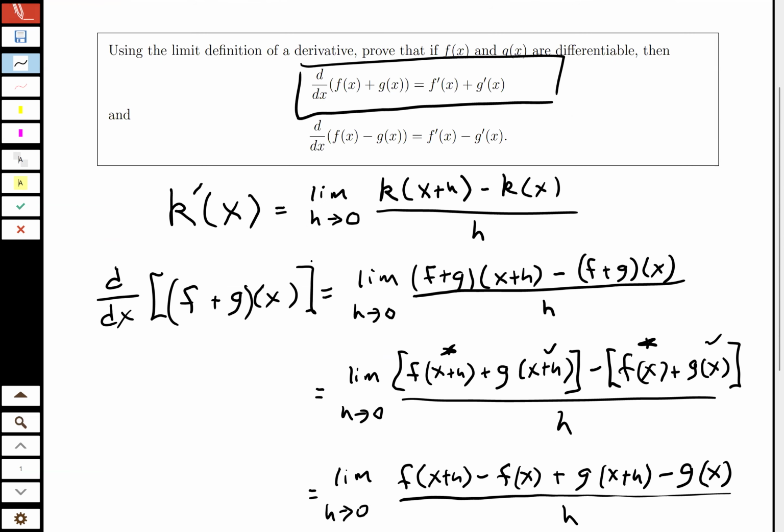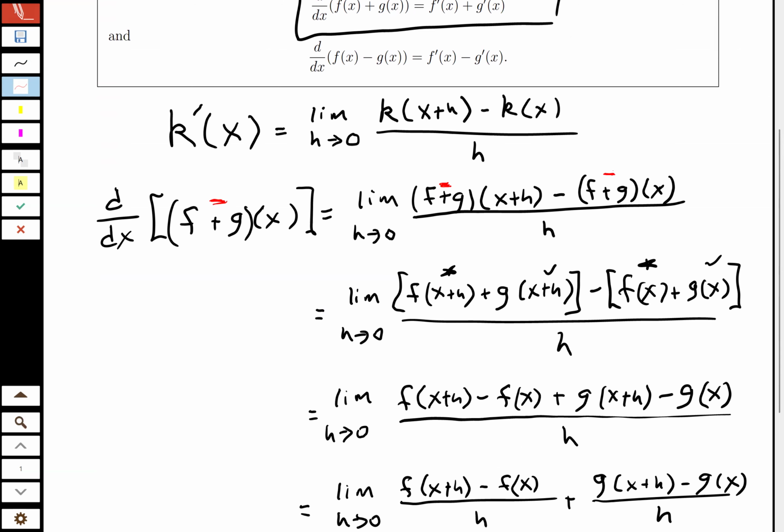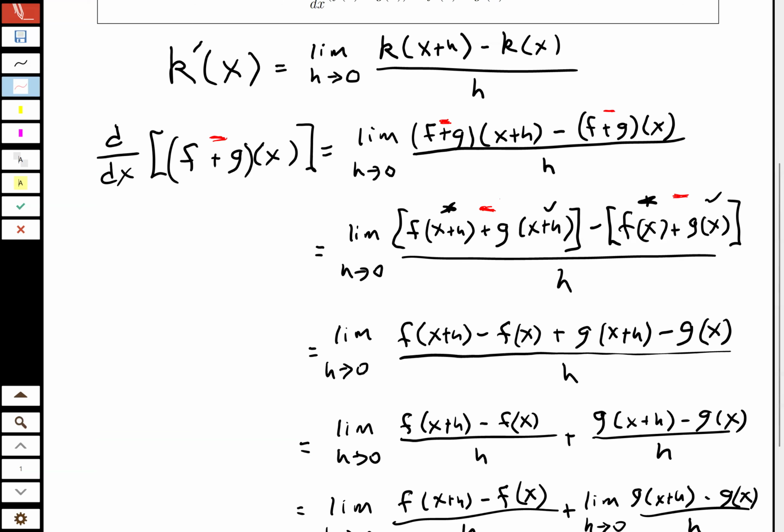Now, I mentioned that the subtraction formula follows from this. Let's see what would change if I switched this plus sign to a minus sign. That plus sign would make this a minus sign here and a minus sign here. So I would have minus g of x plus h and minus g of x. In this step here, I'm noticing that both the g of x plus h and the g of x are getting hit by a negative.